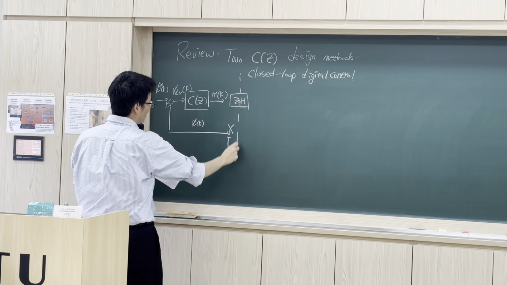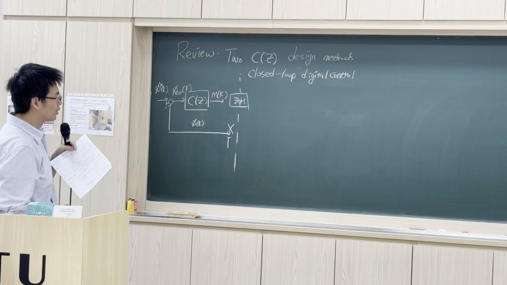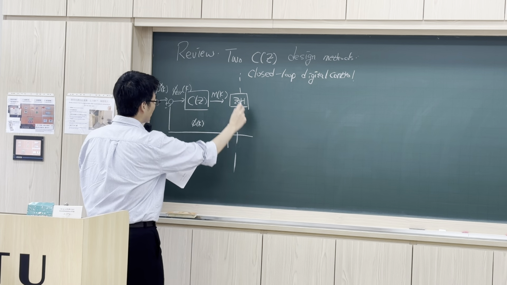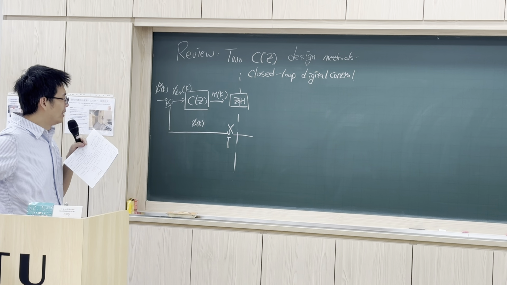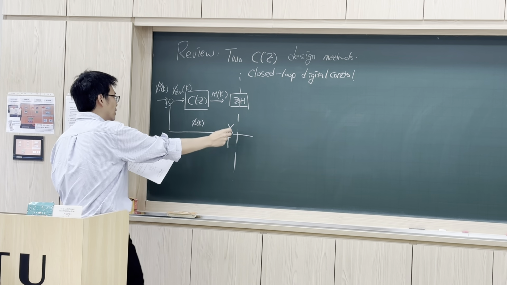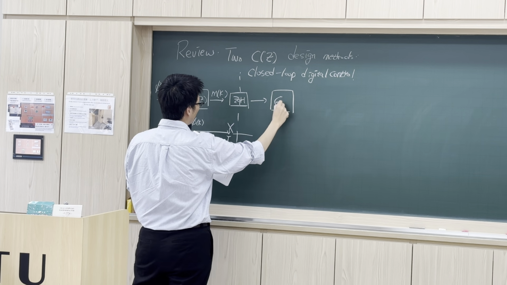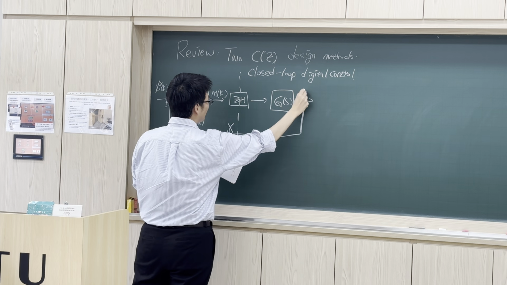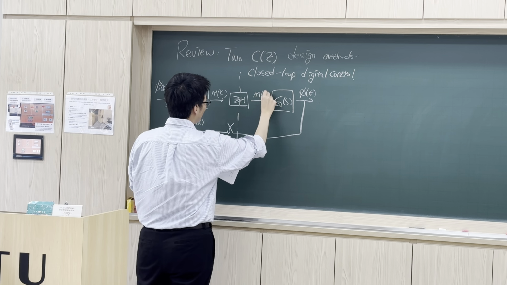So right now, everything on the left-hand side, you should be able to implement in the digital domain in a computer, including the zero order hold, the A to D analog to digital converter, and the closed loop controller. The purpose is to control this dynamic system we call G(s) in continuous time. Okay?